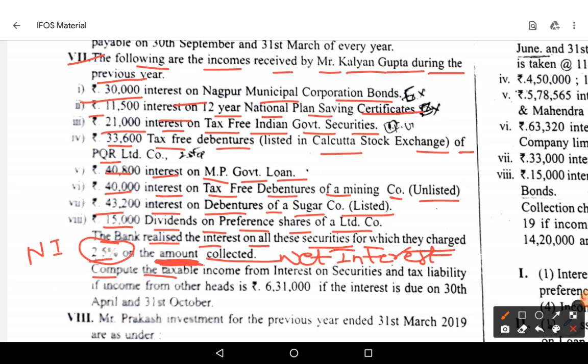Compute taxable income from interest on securities and tax liability. If income from other heads is 6,31,000, if interest is due on 30th September, 30th April and 31st October, these are the interest due dates.